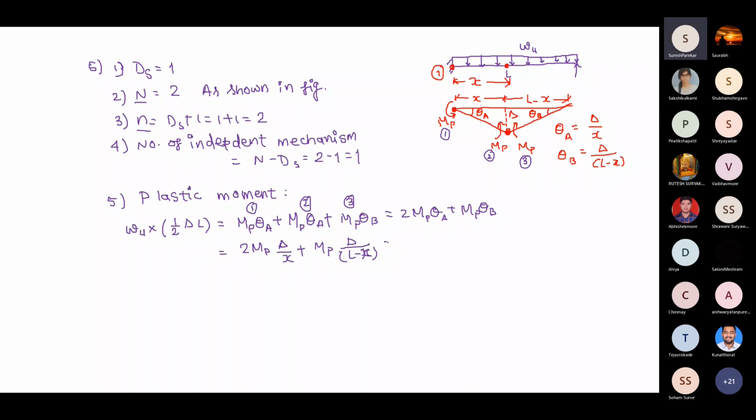And then we will take MP common from this. So we have 2 by x plus 1 upon L minus X.